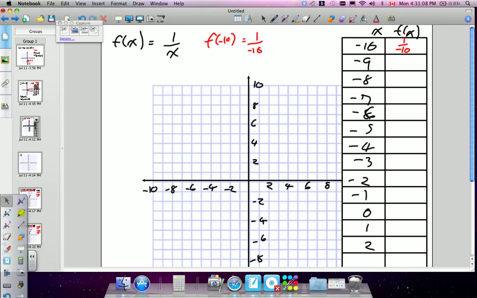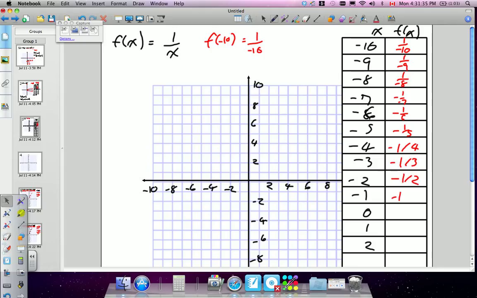What will my f of x equal? 1 over -9. So the pattern continues: 1 over -8, 1 over -7, 1 over -6, 1 over -5. Does this make sense to you? Yeah. Okay. 1 over -2.